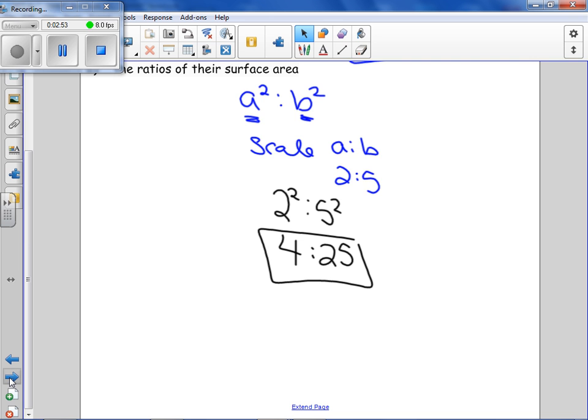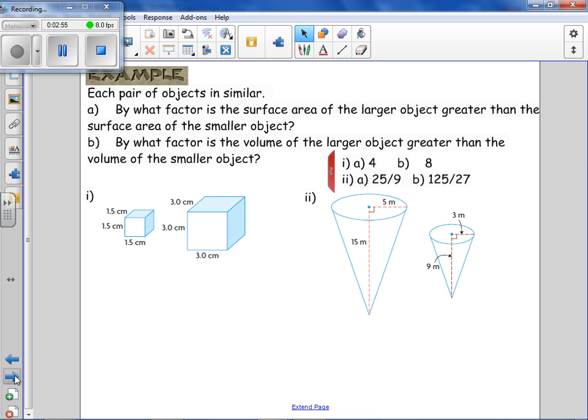All right, third example. It says each pair of objects is similar. A says, by what factor is the surface area of the larger greater than the surface area of the smaller? And then B says, by what factor is the volume of the larger greater than the volume of the smaller?